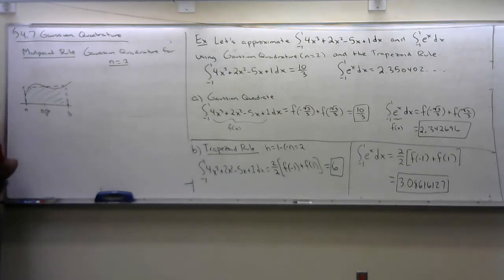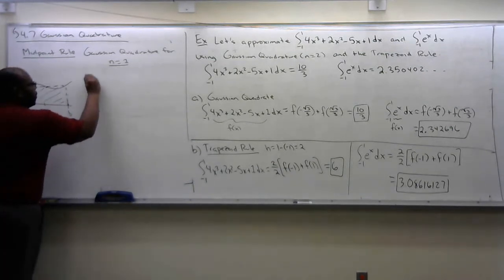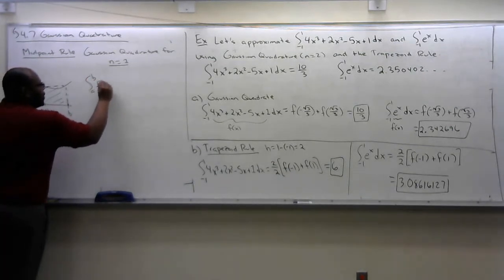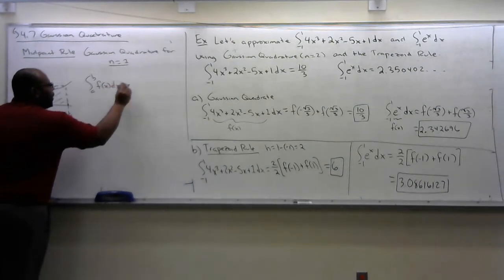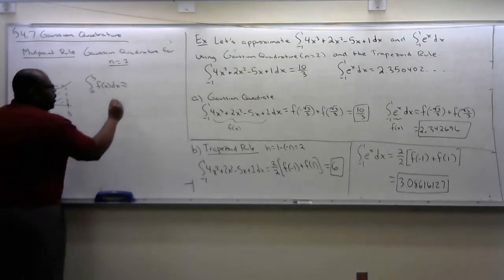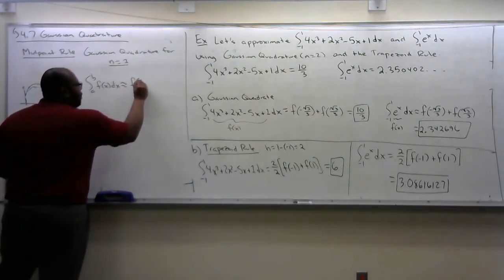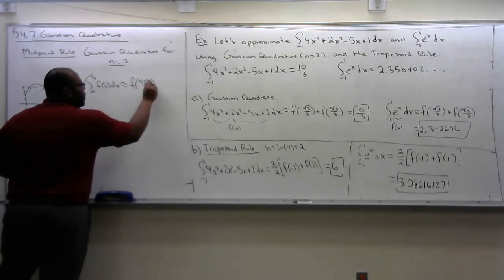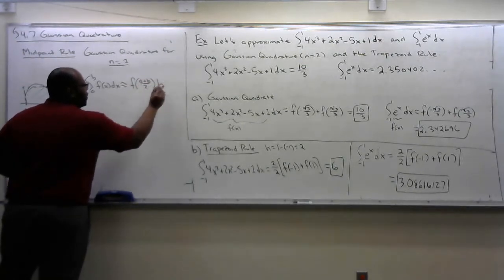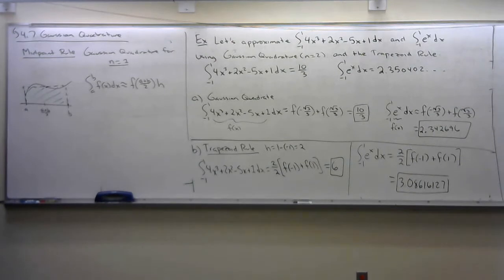So the integral from A to B of f of x dx is approximately equal to f of (A plus B divided by 2) times h. And so this is the midpoint rule.